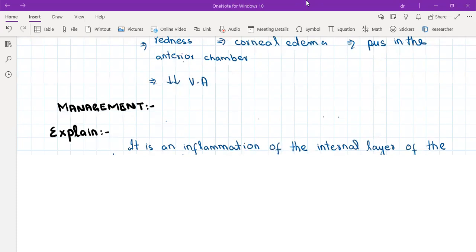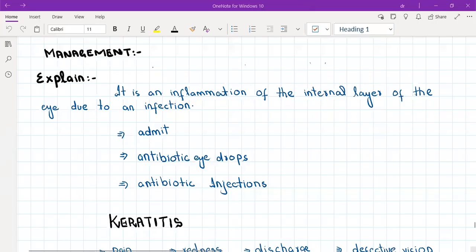Blood testing, routine blood tests, blood cultures, etc. And after that, we will give them antibiotic eye drops, pain relief medications, and antibiotics through the vein. Okay, so that is basically the treatment of endophthalmitis. This was basically the management of endophthalmitis.